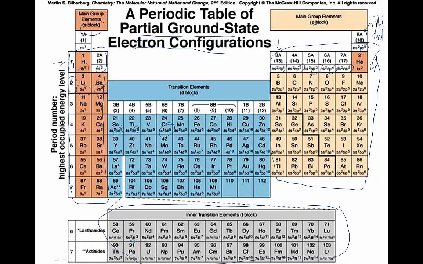Why is it that way? Well, because if we put the electrons into the orbitals this way, we get a lower energy using quantum theory when we calculate it than we would if we did 4s2, 3d4.